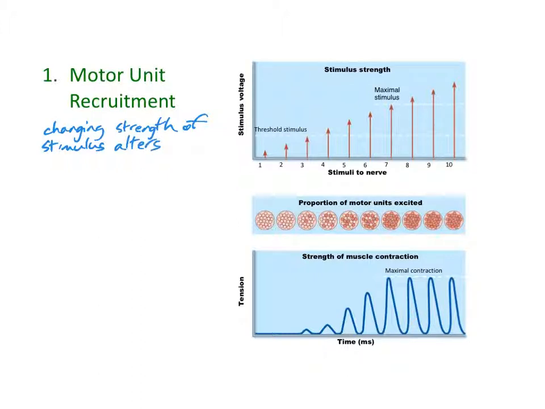So it alters number and size of motor units. And this then allows us to generate a varied amount of contractile force.